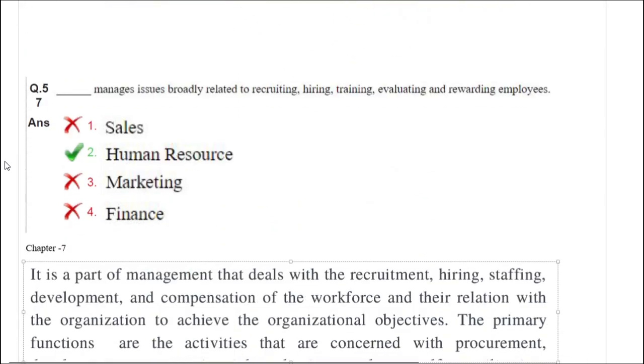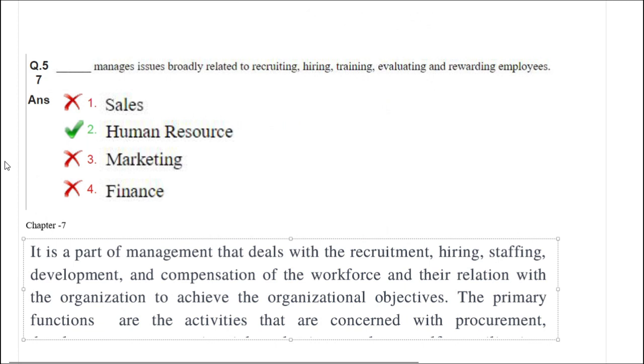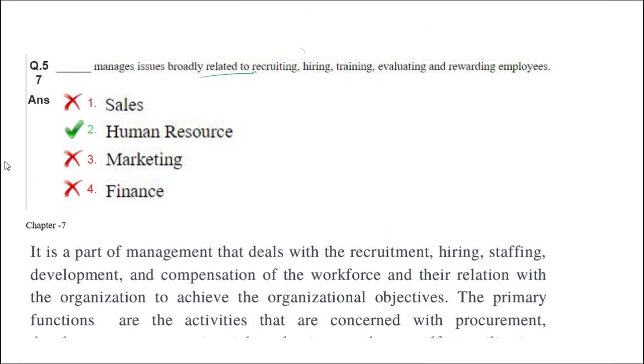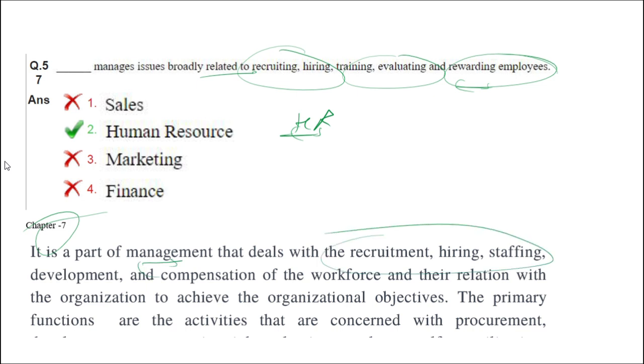Next. Dash manages issues broadly related to recruiting, hiring, training, evaluating, and rewarding employees. If you know the definition of human resources, which we have discussed in chapter 7, it says in the definition itself that it is a part of management that deals with recruiting, hiring, staffing, developing, and compensating the workforce.